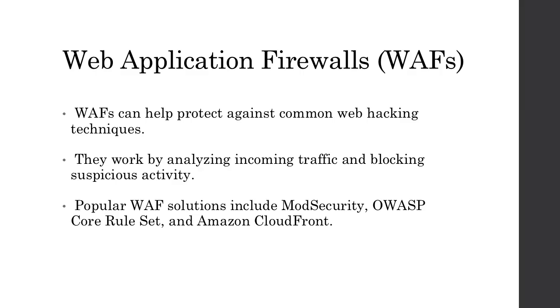Let's say you have a popular online store with millions of visitors each day. A WAF can help protect against attacks like SQL injection or cross-site scripting, XSS, which could compromise customer data or steal credit card info. By analyzing traffic in real time, the WAF can block suspicious activity and keep your customers' information safe. Think of a WAF as an extra layer of security that helps protect your website from common hacking threats.